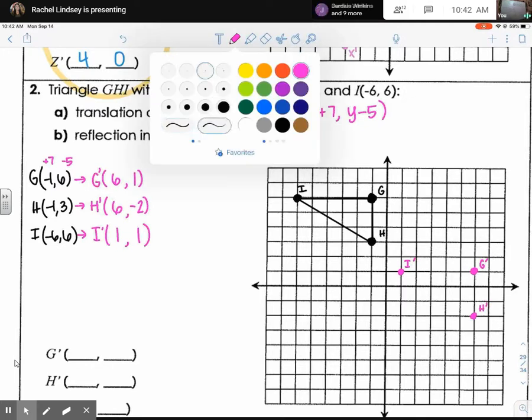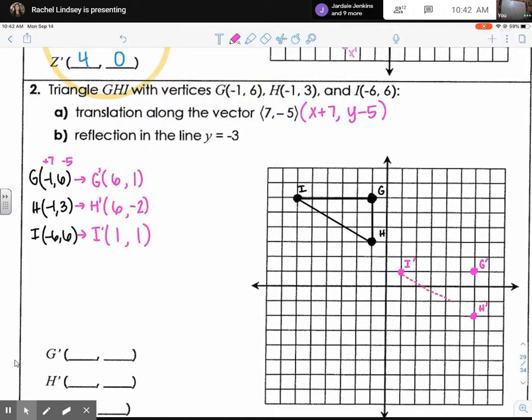So this is a good example of why you'd want to have this second shape drawn, because you are actually going to have to reflect over y equals -3.